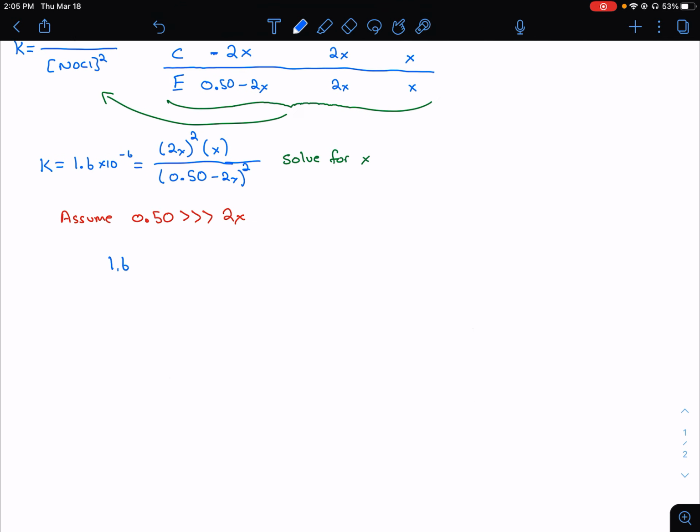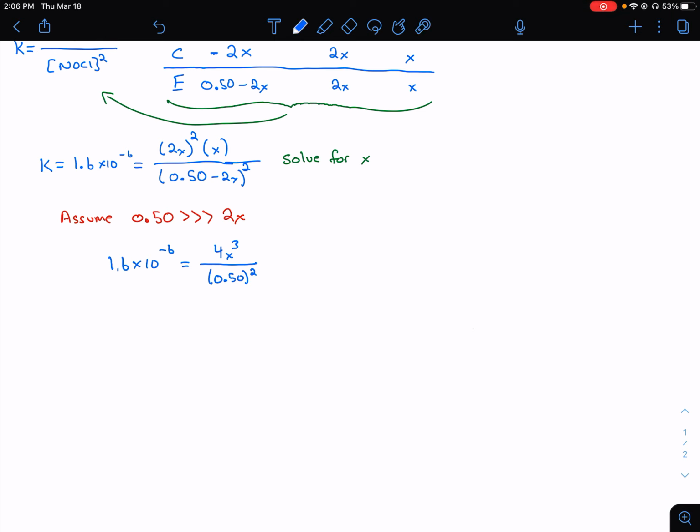And so we can rewrite this as 1.6 times 10 to the minus 6th is equal to, and the top becomes 4x cubed over, and now 0.50 squared. What we did by making that assumption is we simplified the bottom of our fraction to remove that subtraction term and just be 0.50 squared.